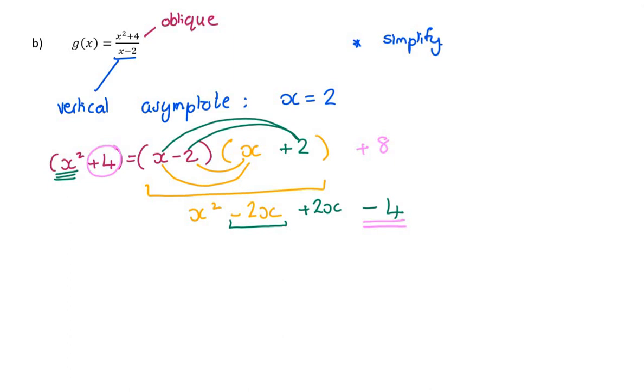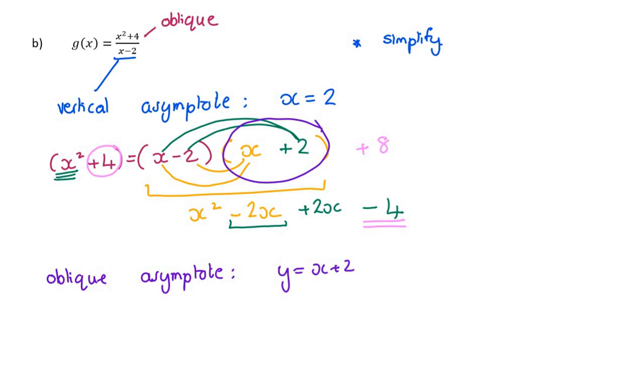So I can see that this graph will not cut the oblique asymptote, but at the moment all I care about is what this oblique asymptote is, and this asymptote occurs at y equals x plus 2. So as x tends to infinity, this graph is going to tend towards that line. We will see that in the next video, and then it really comes to life when you can see all of the different ways the asymptotes work.